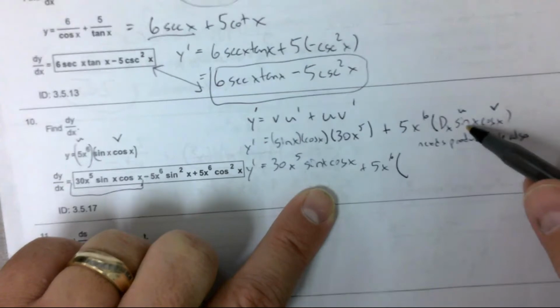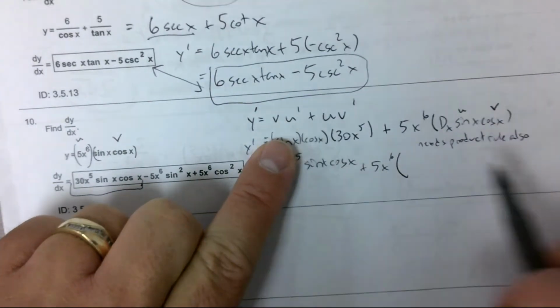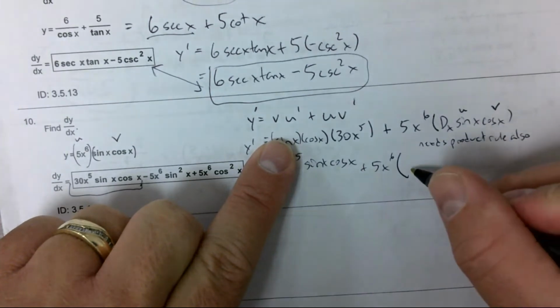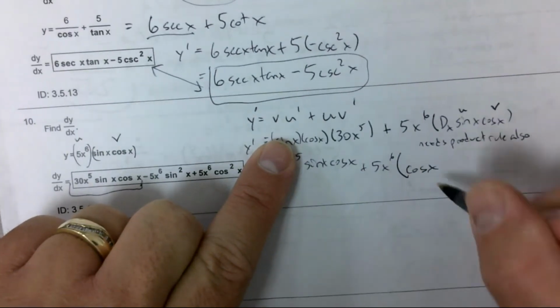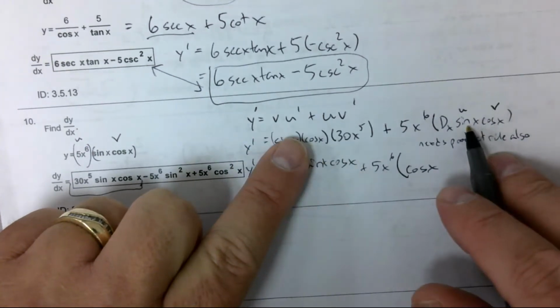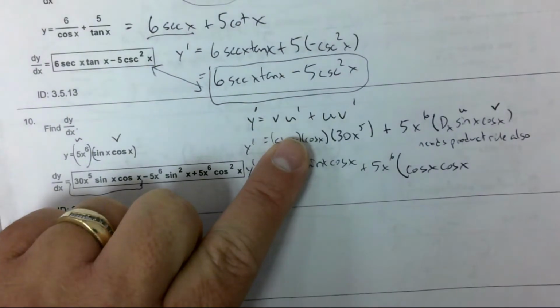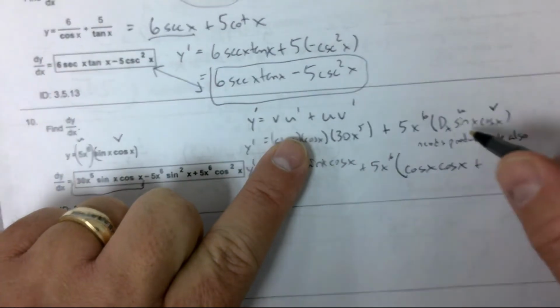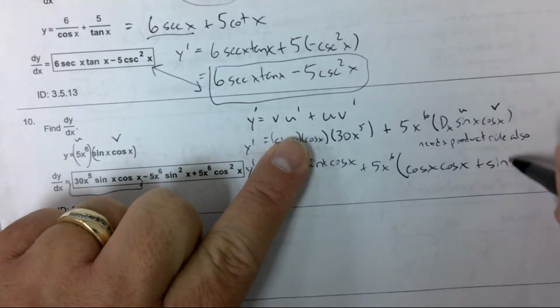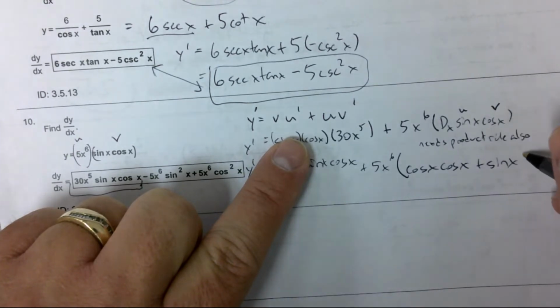Okay, so this would be v, like we follow the formula, v times u prime, cosine times the derivative of u. The derivative of sine is cosine, plus u times the derivative of v. So the derivative of cosine is negative sine.